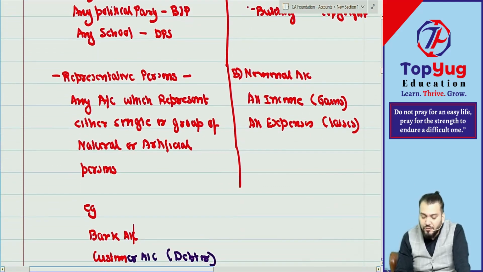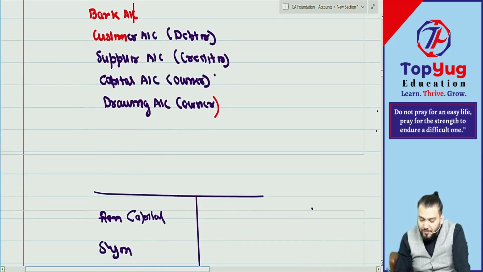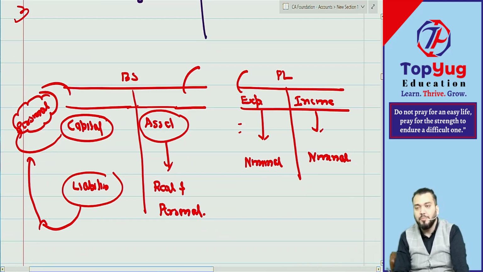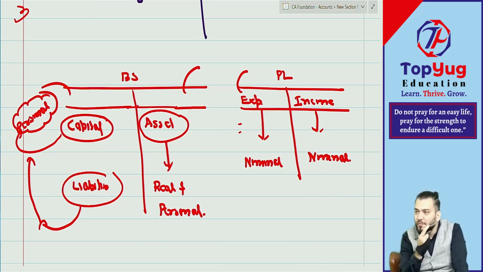Then we have also discussed that the other is nominal account. So nominal account includes all income and expenses. All income means income will always include gains and expense will always include losses. Yes, sir. Then we were discussing about balance sheet and P&L. So we discussed that P&L actually represents all income and expense, means all nominal accounts are transferred to profit and loss account.